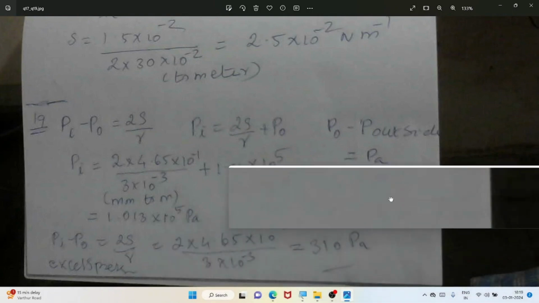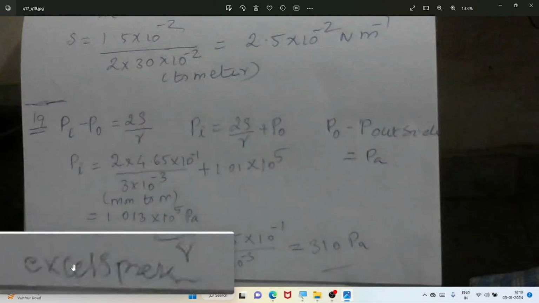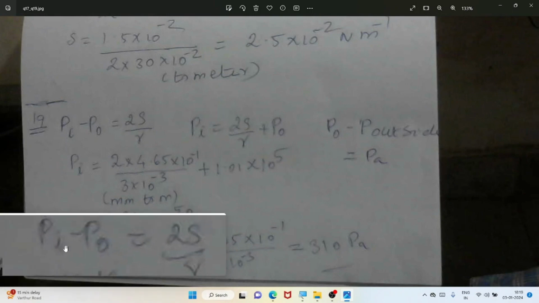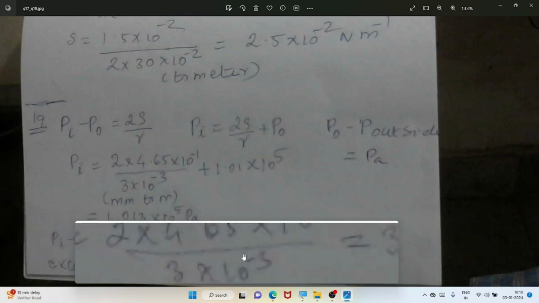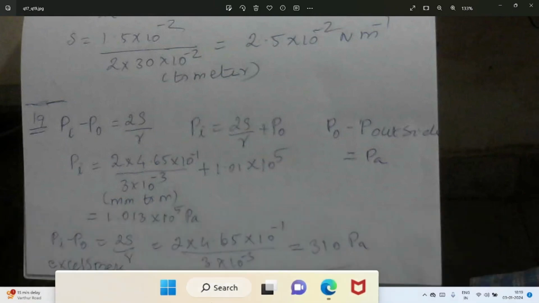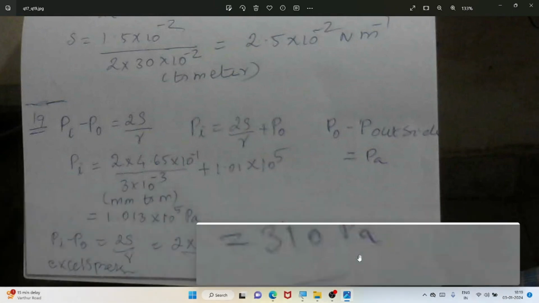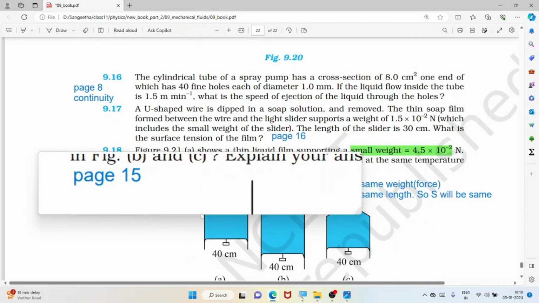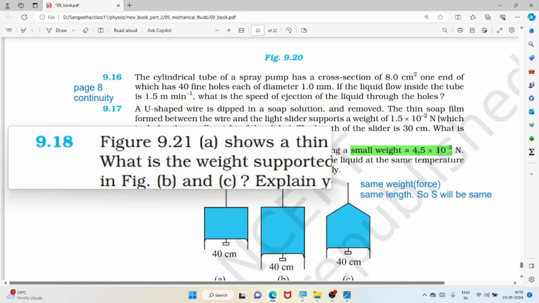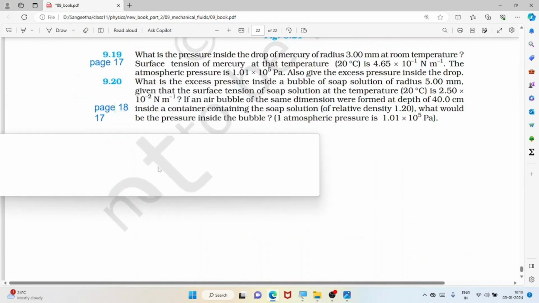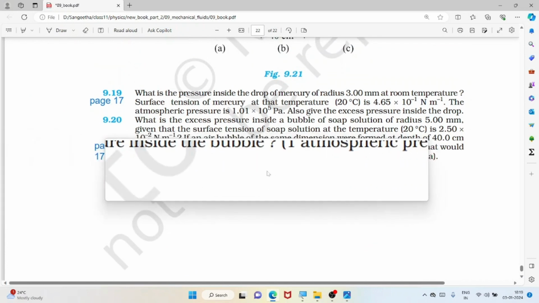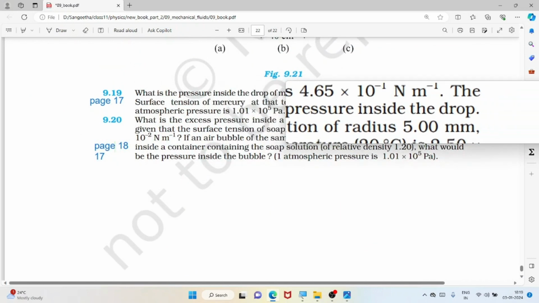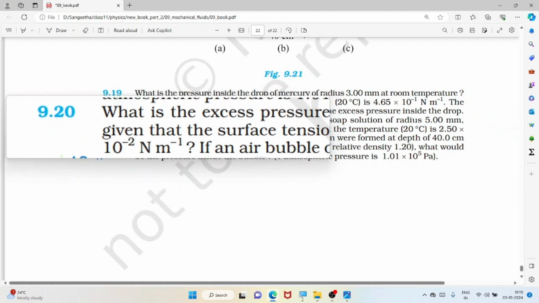Outside is the atmospheric pressure. Okay, so this is the excess pressure and this is the inside pressure.